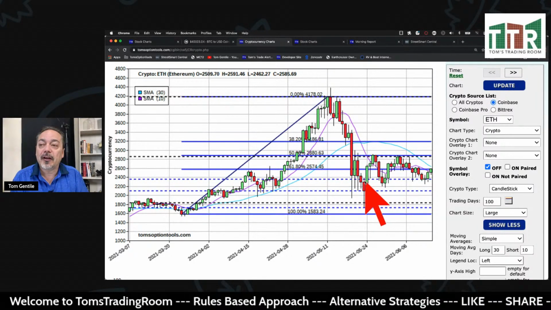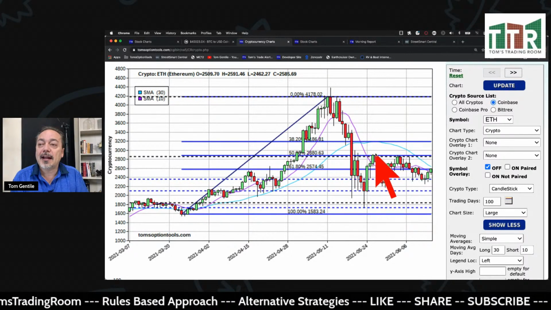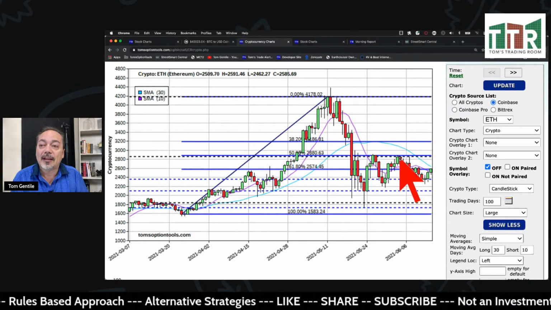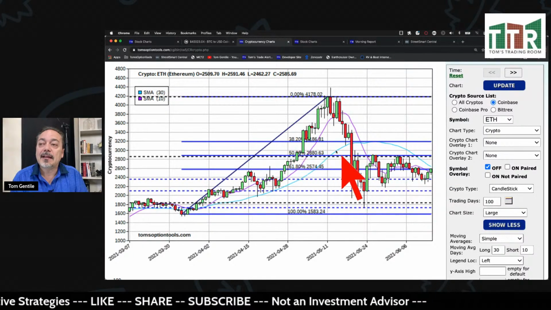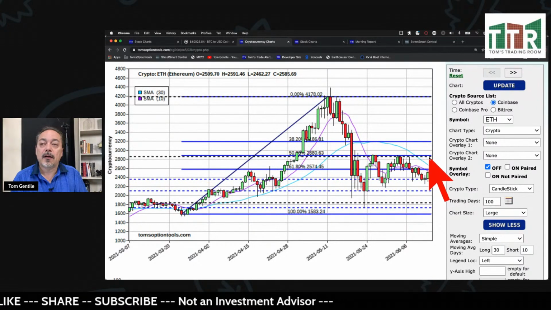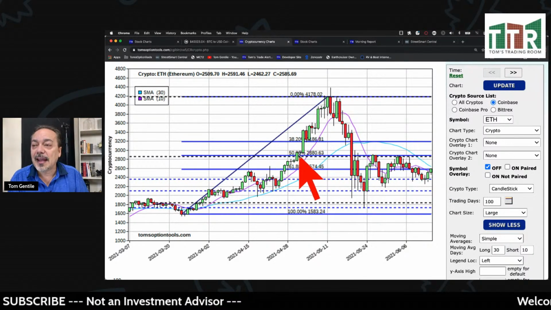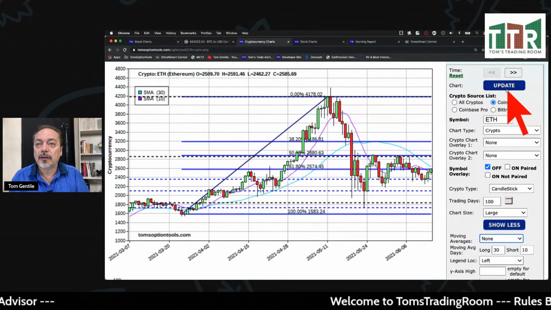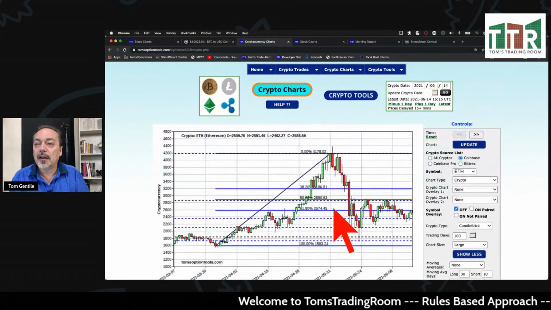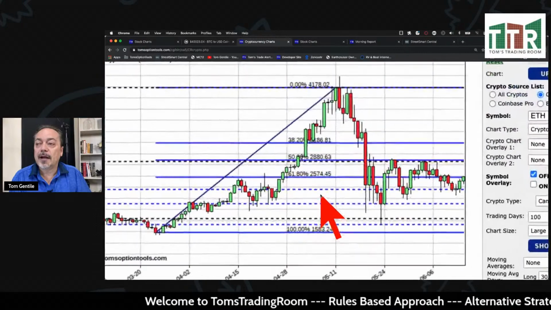And then we've kind of settled into, we ran up, we tagged the resistance at 50% twice. That's the area right there, 2880. That's the area that I'm looking at right now. So 2880. Again, let's get rid of these moving averages. I don't want to see this. Right now, what I want to see is Fibonacci ranges.